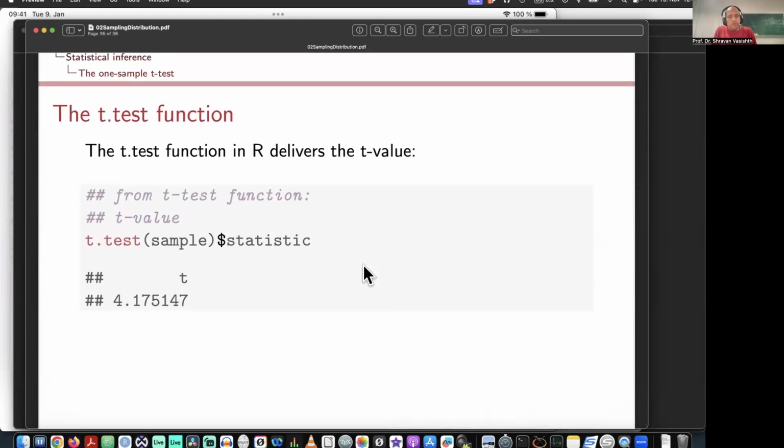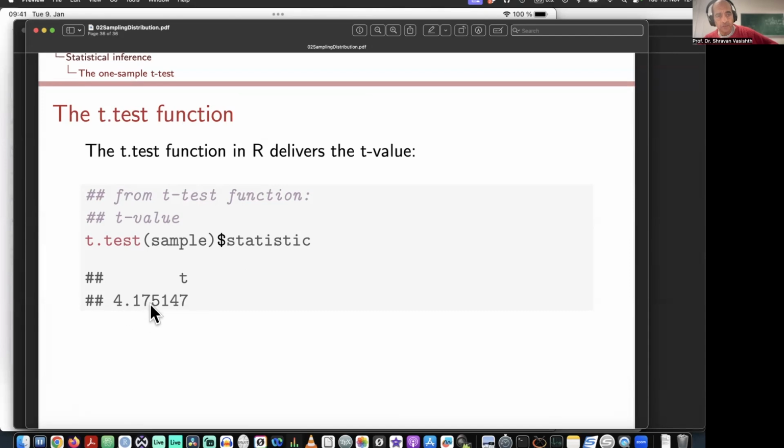So this is just a generalization of that to a new distribution. And what I want to show you now is that we could have taken our observed data, the sample data that I was using as my running example, and run it through the t.test function. One of the things that the t.test function would print out for us is the t statistic.